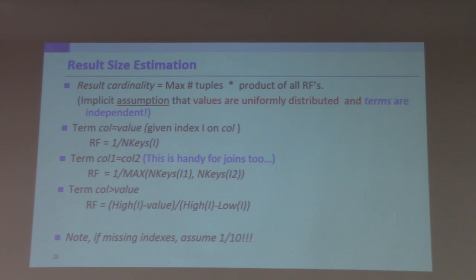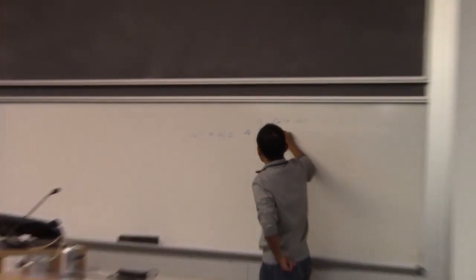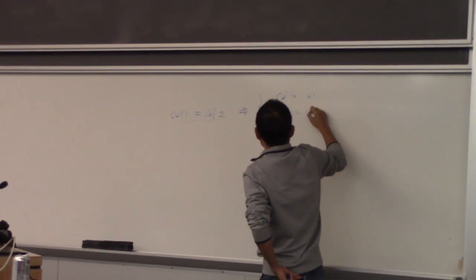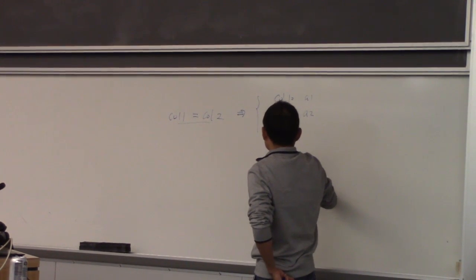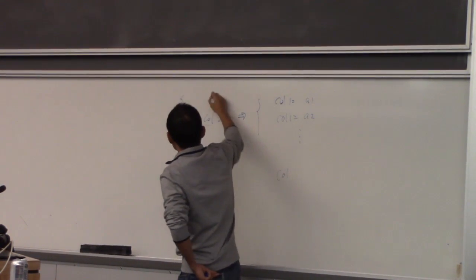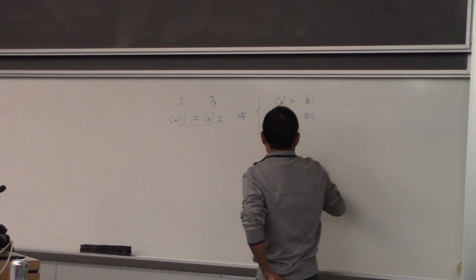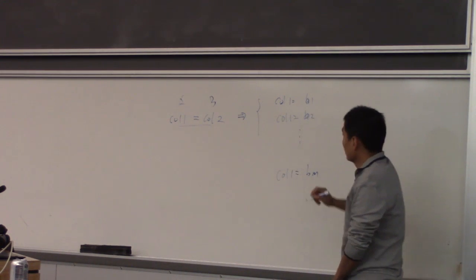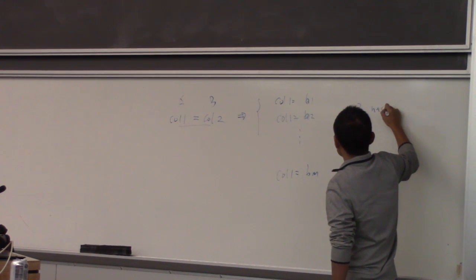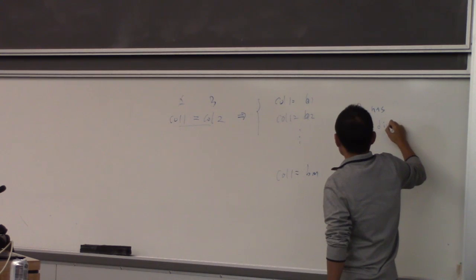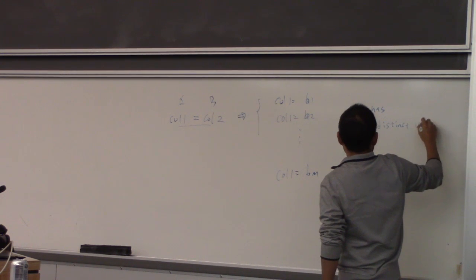Well, the observation is you can estimate this by viewing it as essentially the following. So how do you estimate this? Well, essentially, this can be translated into, let me see, this is the A. Suppose B has n distinct values.